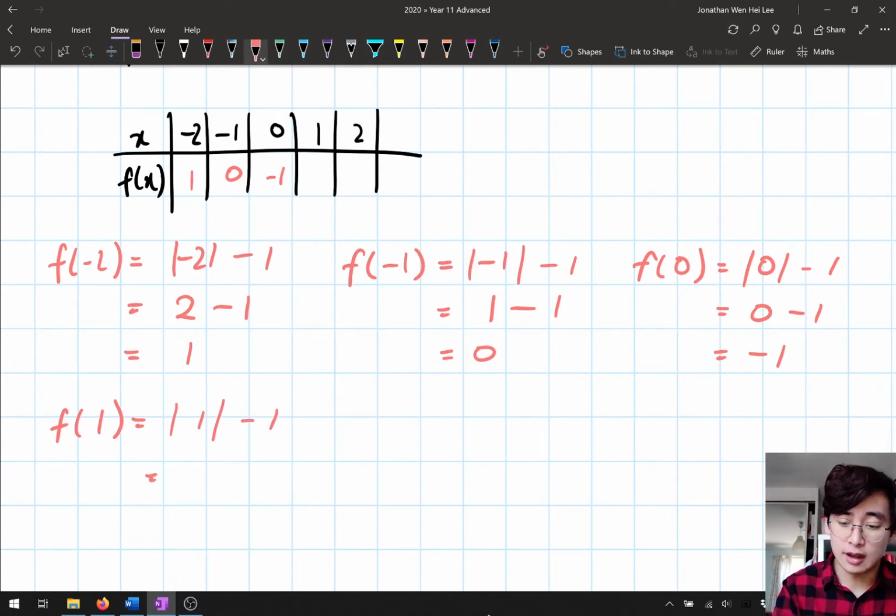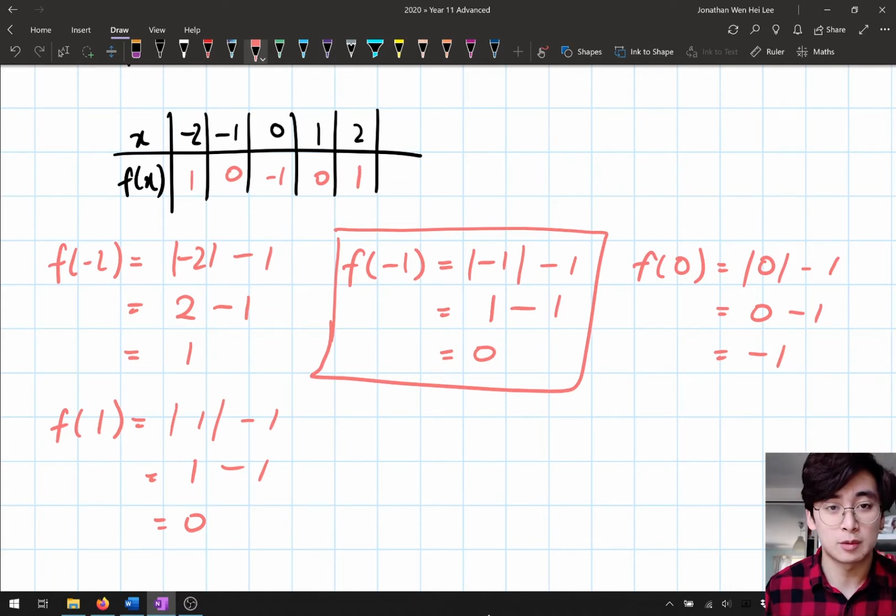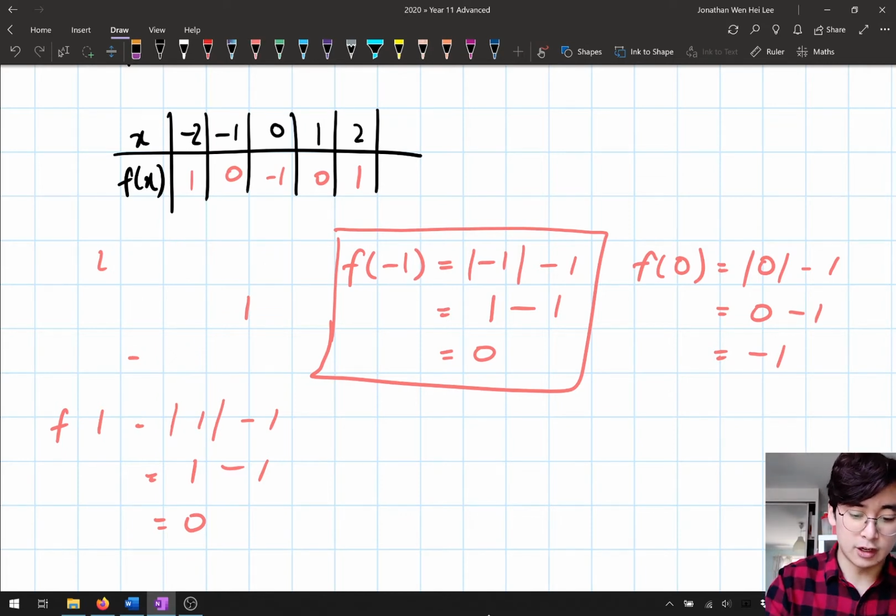And what you notice here is that absolute value of 1 is 1, minus 1, which is 0, the exact same value as for -1. And so hopefully you'll notice that there's a pattern, and you'll notice that for x is equal to 2, that's just going to be 1 again, which is the exact same value as when x was equal to -2. Okay, I'm going to erase all this out. If you need to go back, feel free to pause and go back.